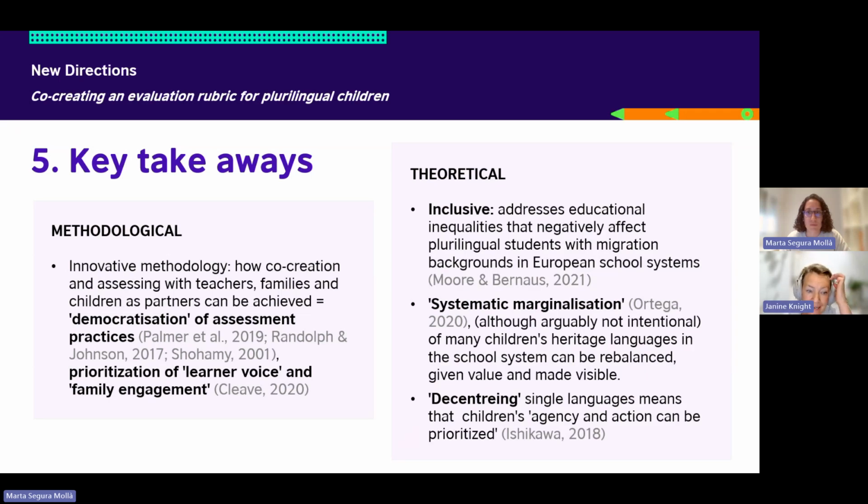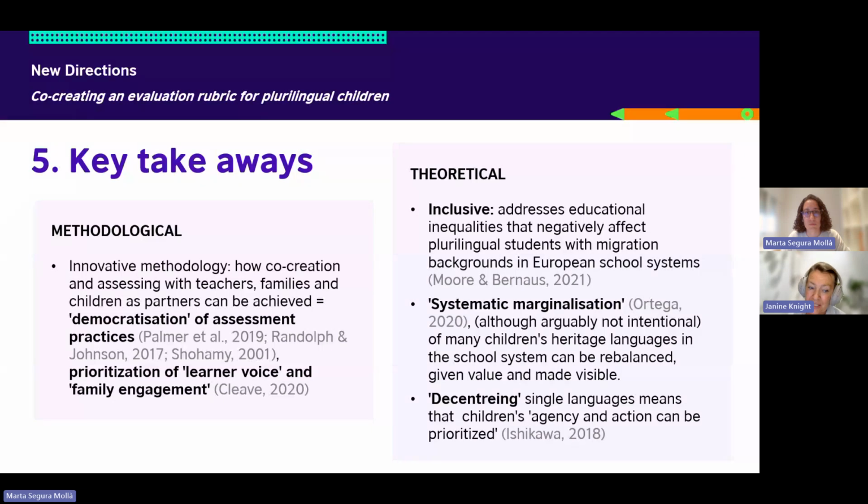Secondly, the project can be considered inclusive because addressing educational inequalities that negatively affect plurilingual students with migration backgrounds in European school systems is important.